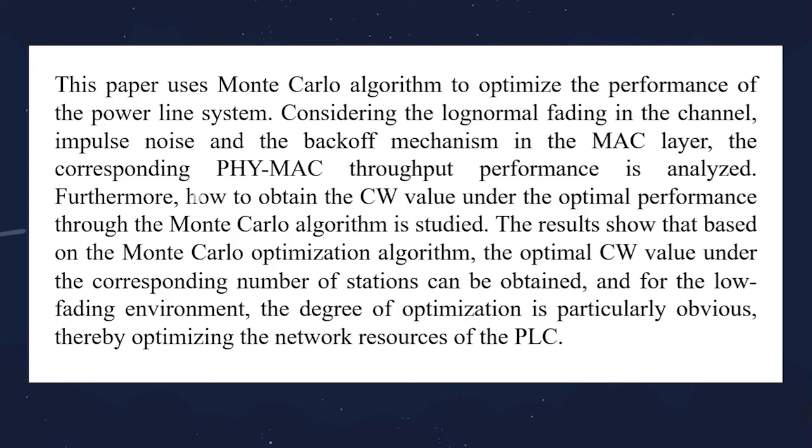The results show that based on the Monte Carlo optimization algorithm, the optimal contention window value under the corresponding number of stations can be obtained. And for the low fading environment, the degree of the optimization is particularly obvious, thereby optimizing the network resources of the power line communication.